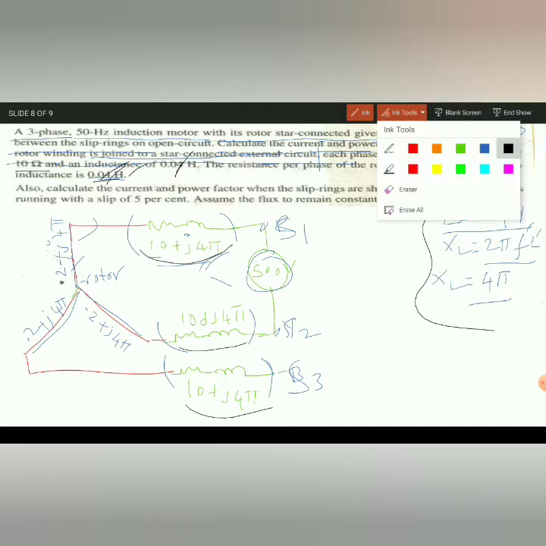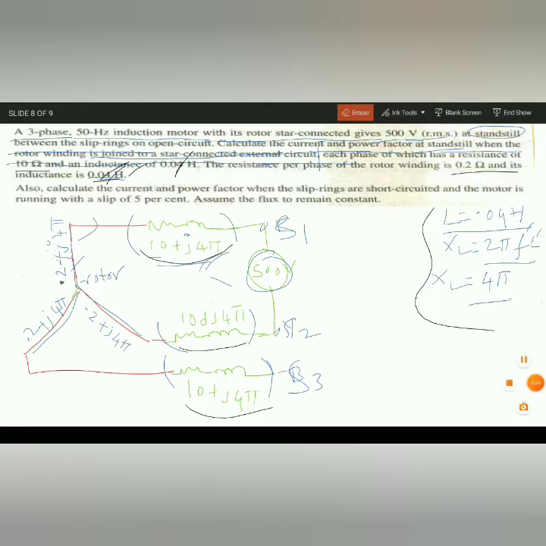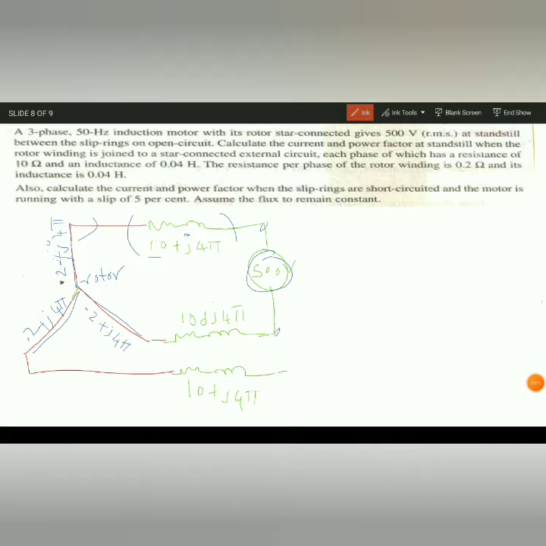Now we want to find out the current in the rotor. How to find out the current? We know that current I equals V by Z. Always we have a confusion whether we have to find out the line current or phase current.